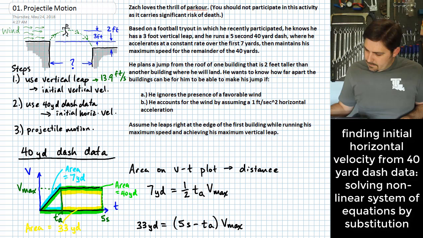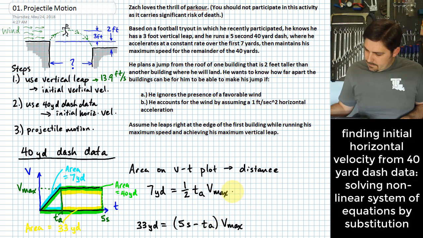I think maybe the easiest thing to do in this case is to go ahead and do a substitution, which means I want to solve this equation right here for T sub A, so that it comes out in terms of Vmax. If I solve this for T sub A and do a substitution into the next one, that's a good way for me to get there.